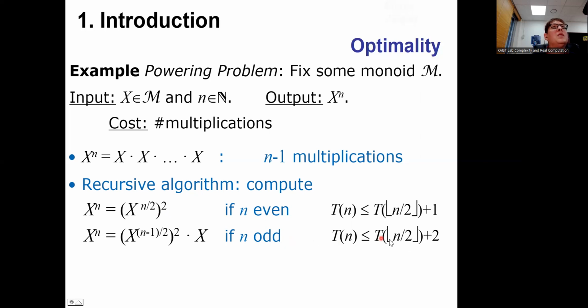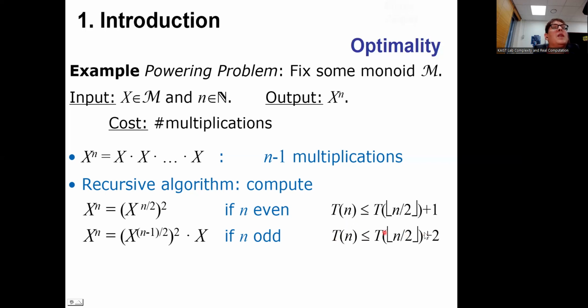In the odd case, we have this additional multiplication by x, as you can see here, resulting in the plus 2 in the recursive analysis. Also, observe that I took the liberty of simplifying this expression n over 2 in both cases with n over 2 rounded down. So you can easily see that the odd case is the one dominating the cost.